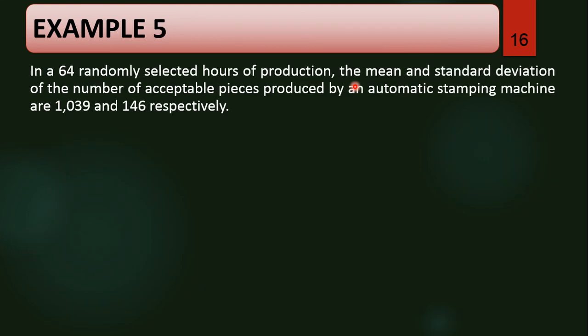The next example, in 64 randomly selected hours of production, the mean and standard deviation for the number of acceptable pieces produced by the automatic stamping machine is 1039 and 146 respectively. Question. Here, the information you take out will be these three.